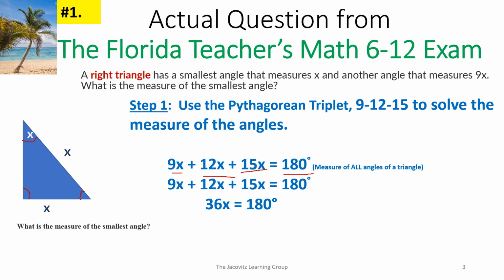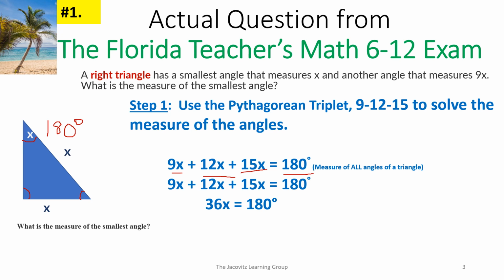Okay, all these angles have to total 180. And that's 180 degrees. That's why I put this circle here. But just know it's 180, okay? So when you add your common terms, 9x plus 12x plus 15x, you get 36x.